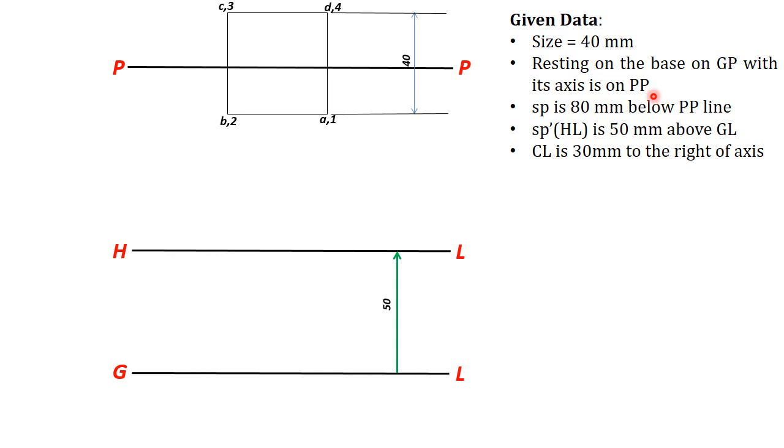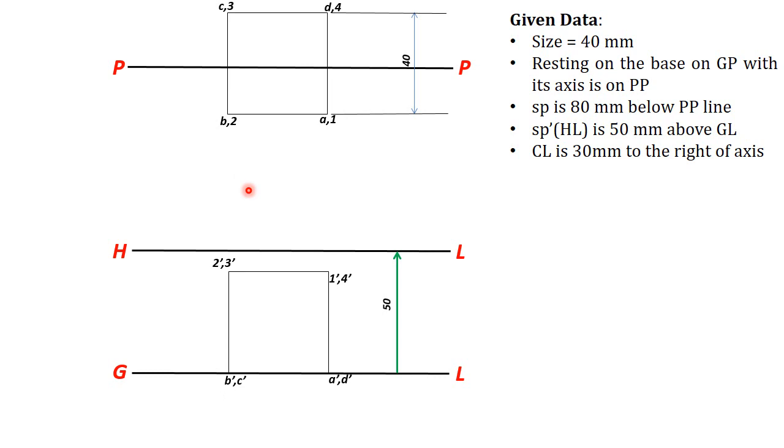Axis is on PP, so your top view will be like this. Some part of the top view of the cube will be below the PP line and some part above the PP line, exactly half, because the axis is at the center of the square here.